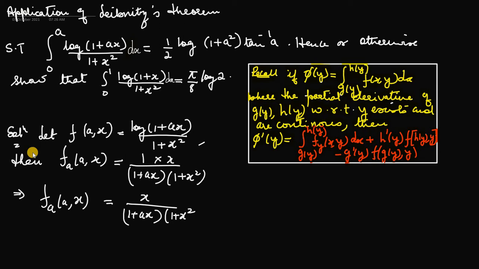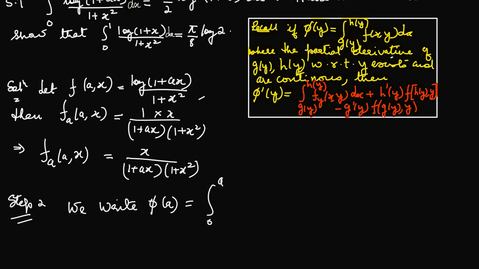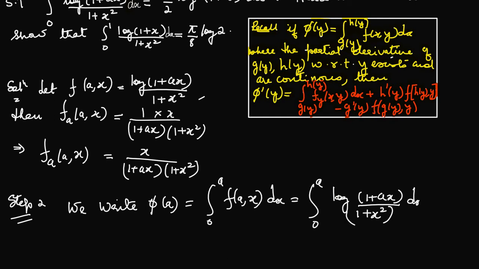So this is step 1. Step 2: we write phi of a as the integral 0 to a of f(a, x) dx, which is the integral 0 to a of log of (1 plus ax) divided by (1 plus x squared) dx.